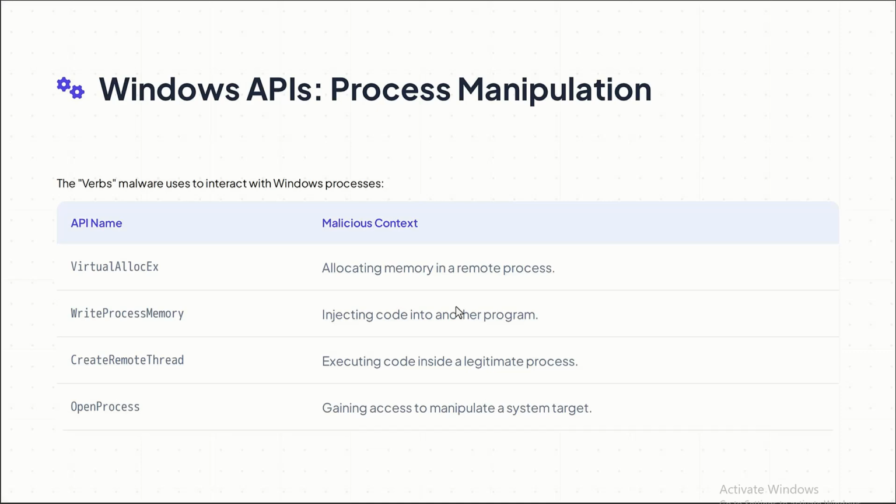Well, we have to know that those API names and Windows API functionalities are not for malicious purposes, but are misused by threat actors for their own malicious intent. There are many other Windows APIs, but I have added these four: VirtualAlloc, WriteProcessMemory, CreateRemoteThread, and OpenProcess.